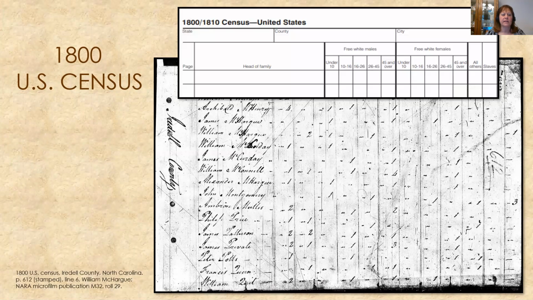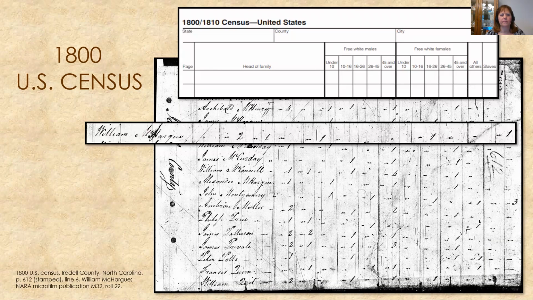Unlike 1790, in 1800, both free white males and females were recorded separately by different age groups: under age 10, age 10 to 16, age 16 to 26, age 26 to 45, and age 45 and older. Other free persons and slaves, however, were still listed only by total number, and not divided into age groups.